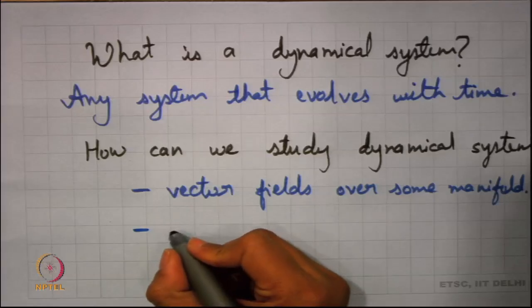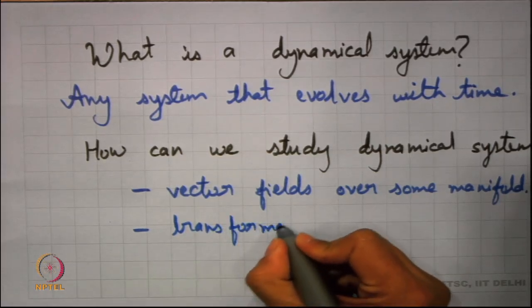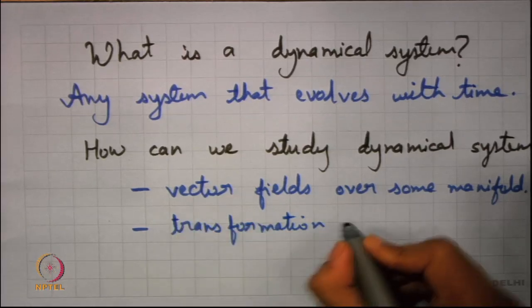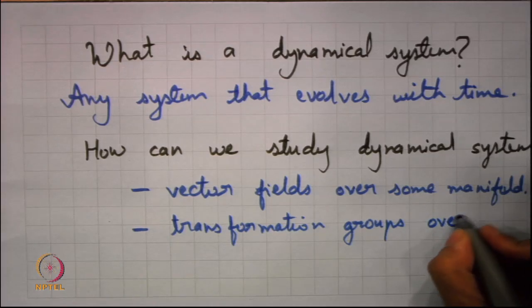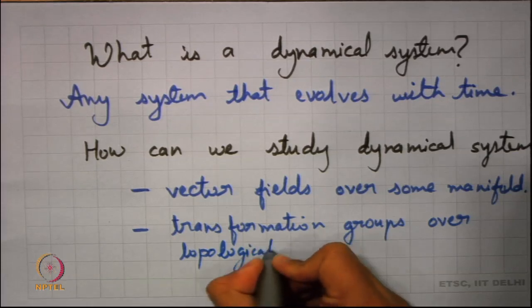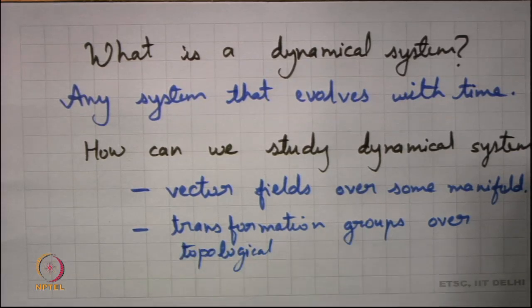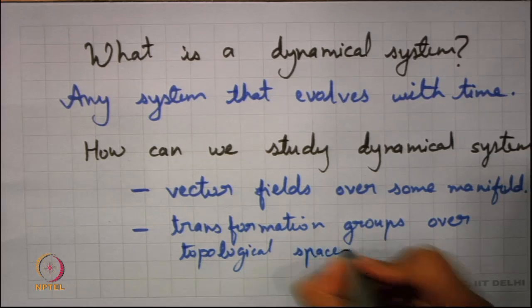The other study can be looked into as the study of transformation groups over topological spaces. So, one need not get into the differential structure, one can simply look into the continuity of the system, and one can look into transformation groups acting on topological spaces and study the topological aspects of the system.